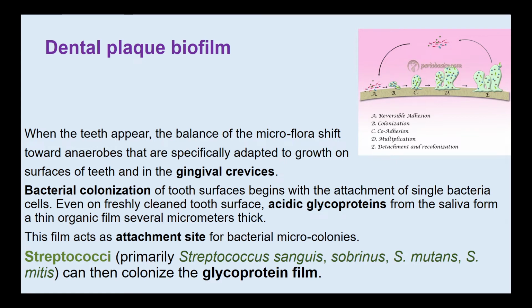The first bacteria which start to adsorb on these organic films are Streptococcus. This group is called oral Streptococcus: Streptococcus sanguis, sorbinus, Streptococcus mutans, mitis. They are the first to colonize the glycoprotein film.